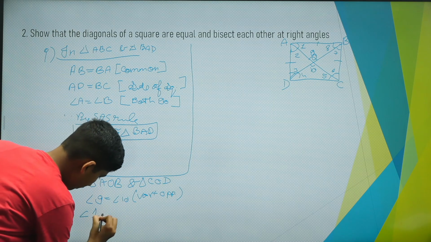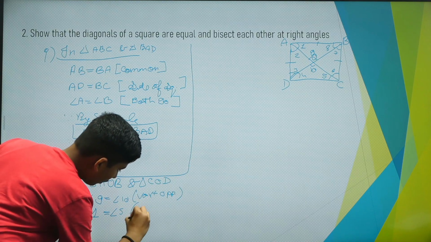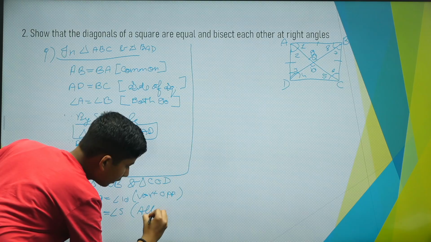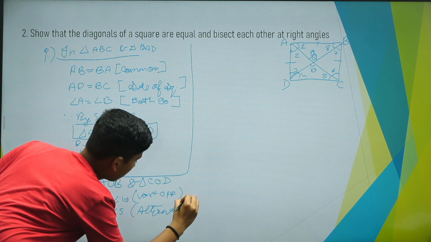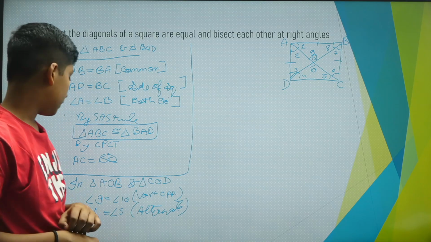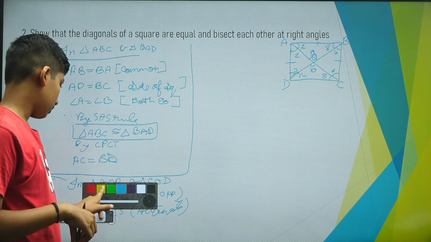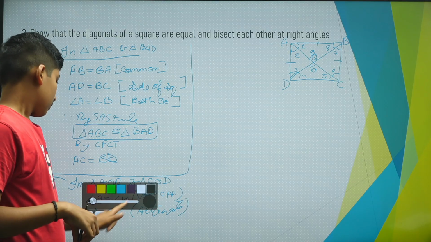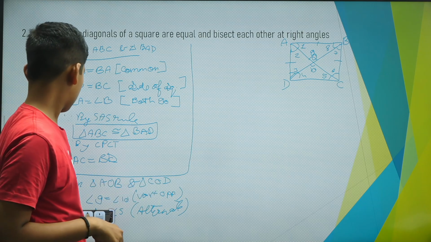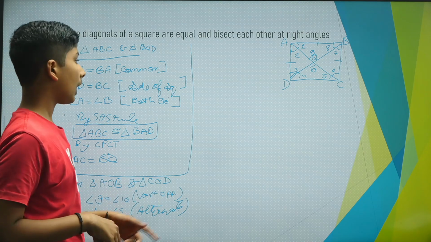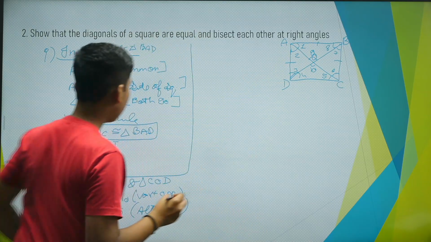Angle 1 equals angle 5, alternate. At last, what can we see? Let me change the pen color. Yes, at last what can we see over here? AB equals CD.